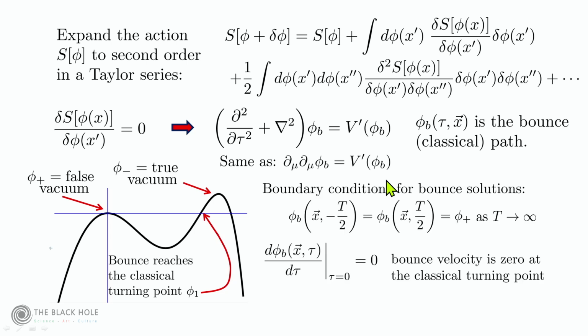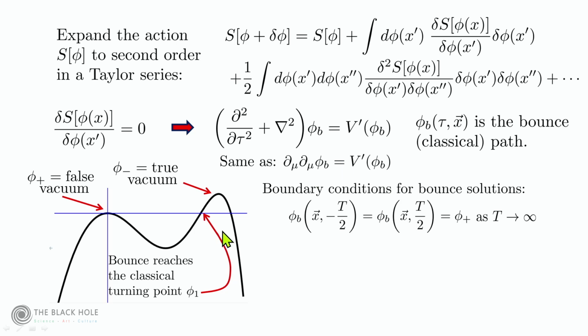And now let's reflect a little bit upon boundary conditions. So the system is going to start from the false vacuum, move towards the true vacuum, but it doesn't have enough energy to jump over, so it goes back. Now, the boundary conditions that we're going to impose are that at t equal to minus T over 2 and at t equal to plus T over 2, we have the false vacuum.